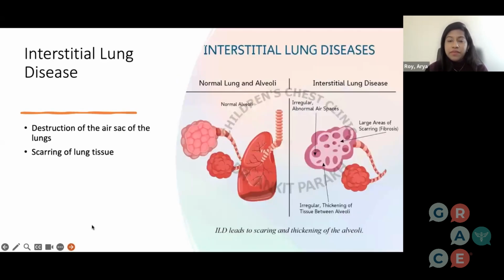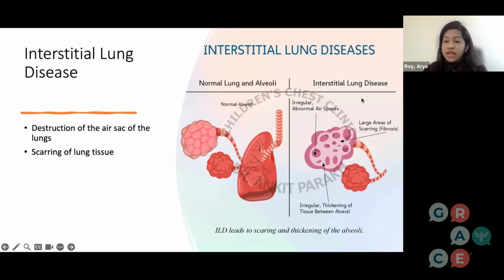So let's see what interstitial lung disease means. As you can see in this figure, this is the normal lung and alveoli. This is our normal lung, and these small air sacs that you see here are called alveoli, or air-filled sacs in the lungs.